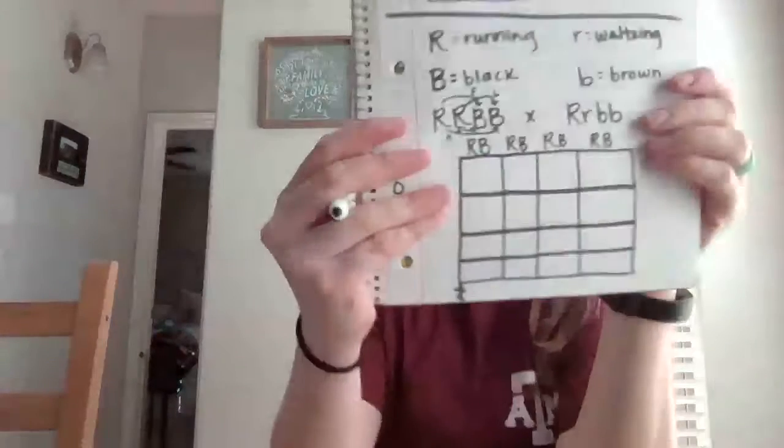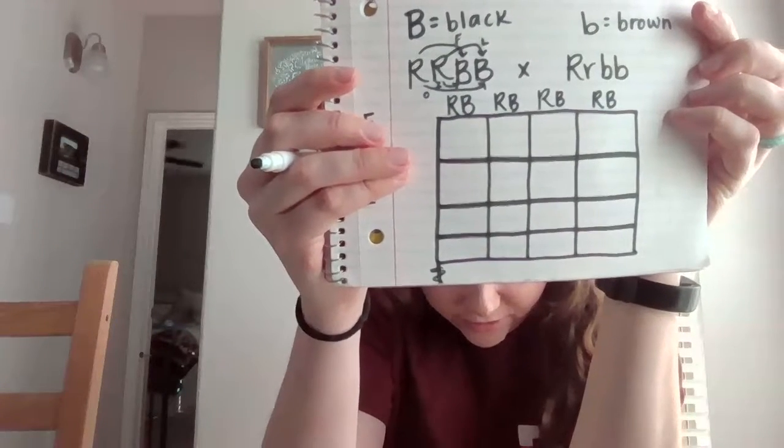Now we're going to do outer. So the outermost letters, then the innermost letters, and then the last letters. You'll just put those together like that.